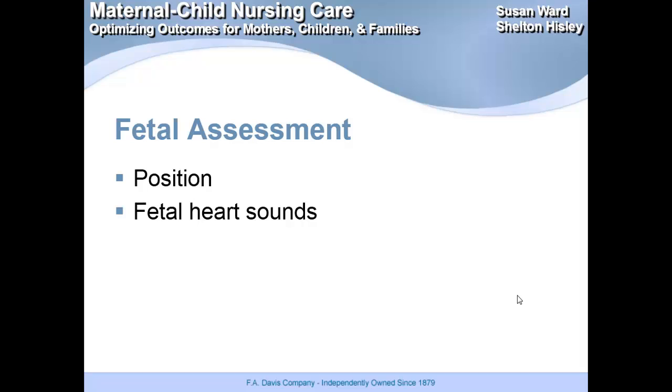They usually only use ultrasound when the physician can't find where the fetus is at.